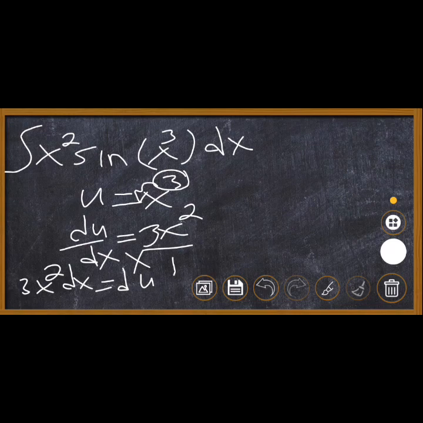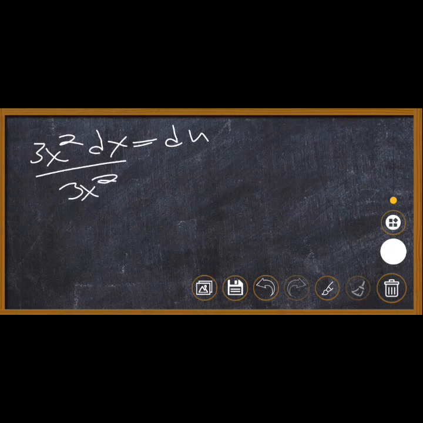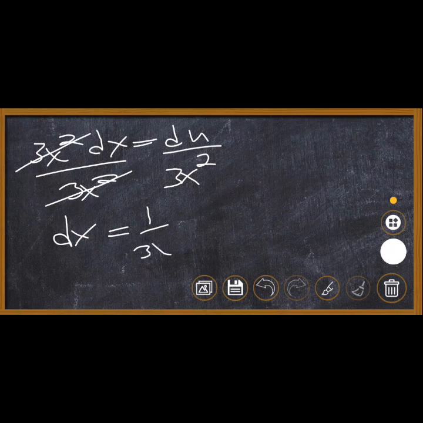So when we have this, let's divide 3x squared to both sides. So remember, we have 3x squared dx equal to du. So let's divide 3x squared to both sides, even here 3x squared. So we are going to remain with dx here equal to what? 1 over 3x squared then du.